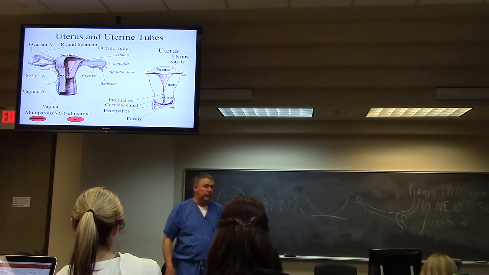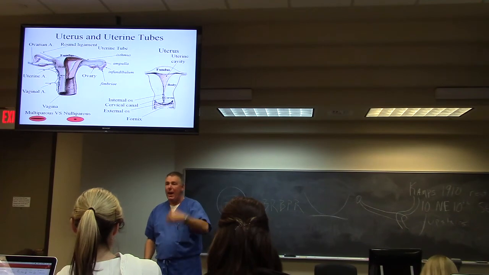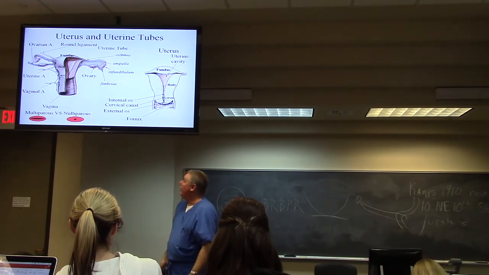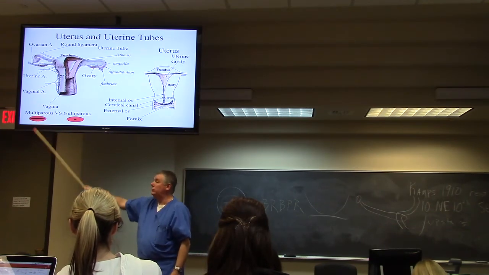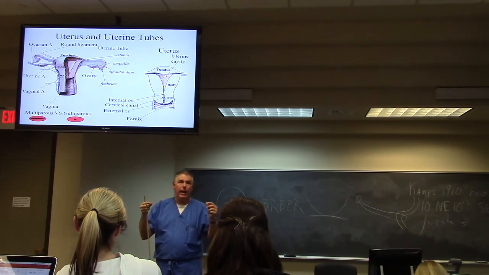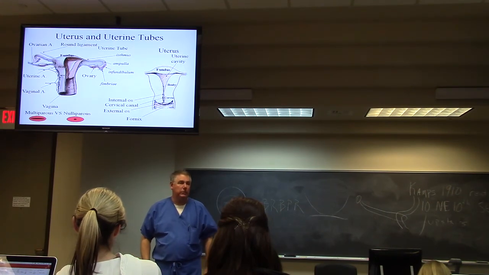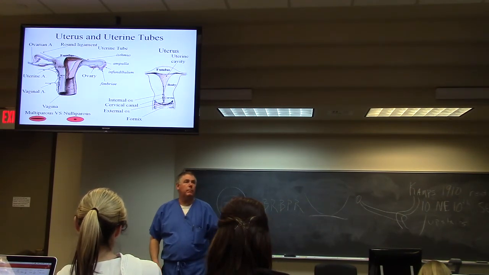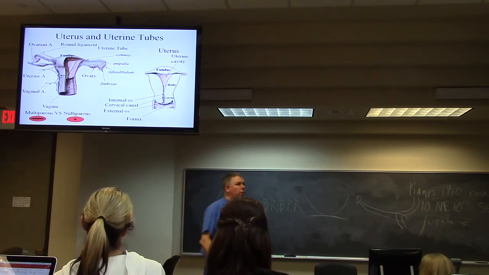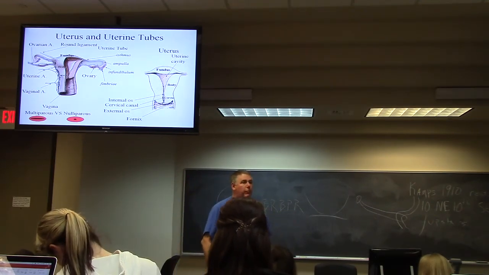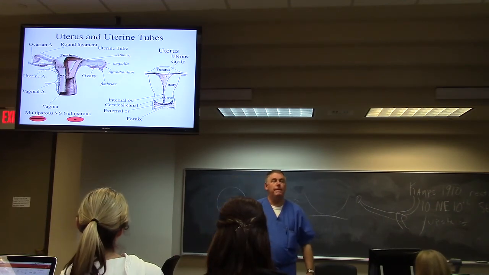If you've not had a baby pass through the cervical canal, it stays that way. If you have, it becomes elongated like that, and it's called multiparous. What about kids through a cesarean? It's nulliparous. It's got to go through there before it changes. Okay.